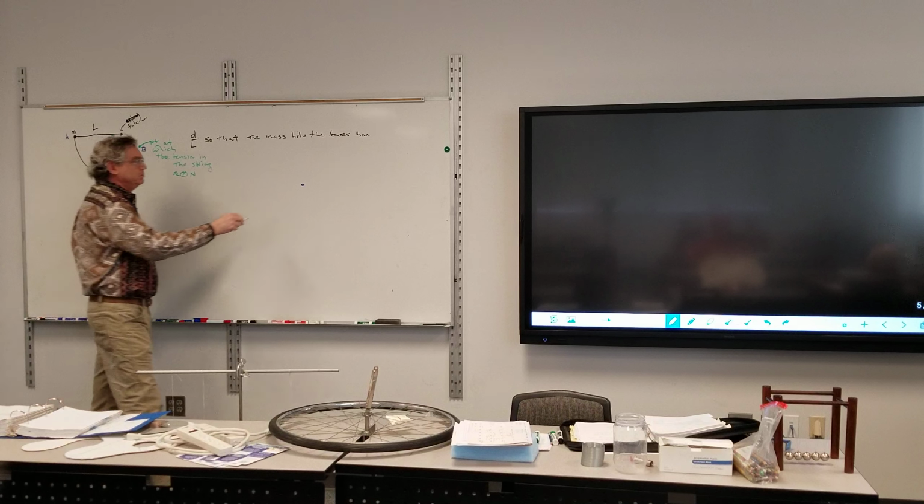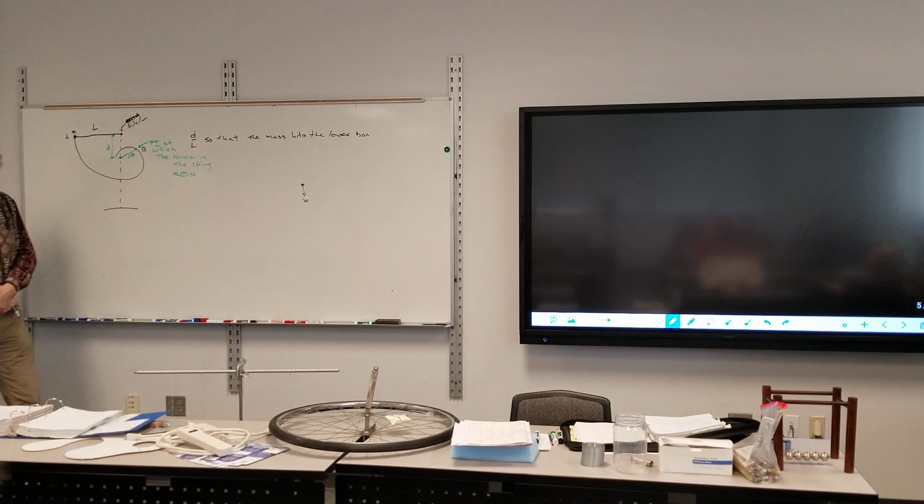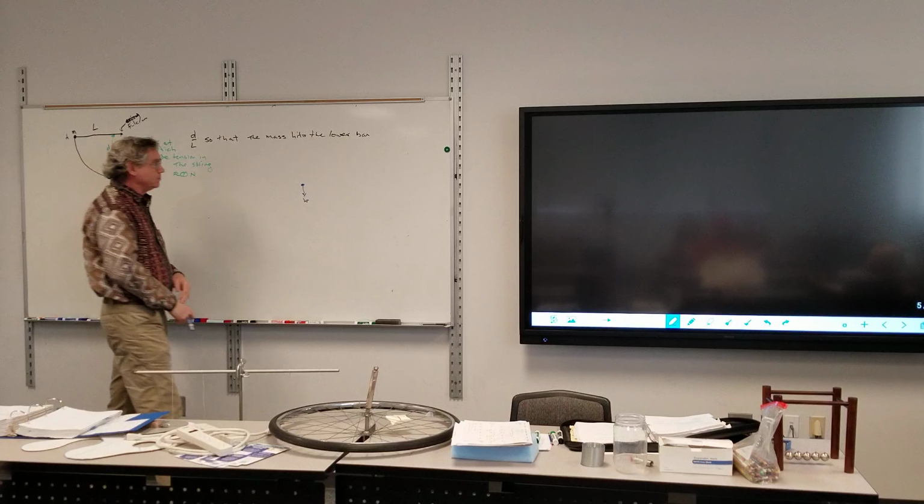Yeah, okay. So we have weight acting down. Anything else? A normal force between the object and the rope. That would be what we would label as tension, if the tension is close enough to zero. All right, so we just have weight.